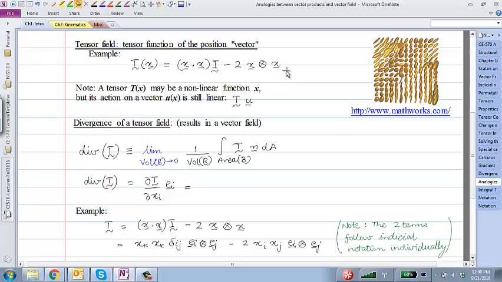Minus 2x dyad x. So this is a funny tensor, but let me see if you can visualize this particular tensor. What do you think x dyad x would look like? So let's pick a point.